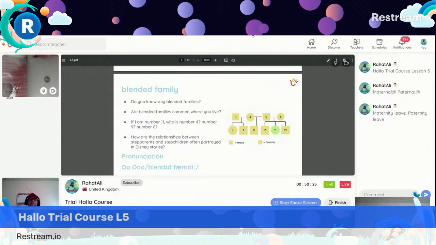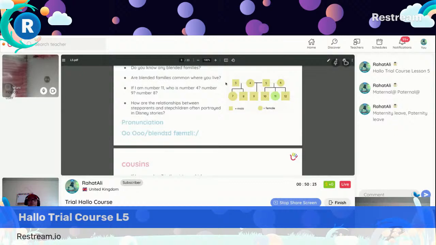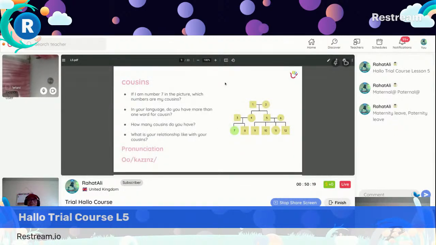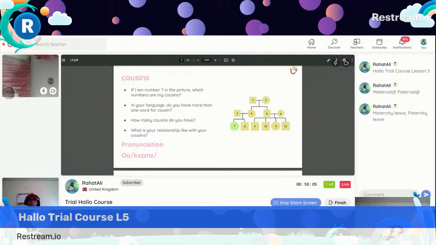Okay, that's great, lovely. Now cousins. If I am number 7 in the picture, which numbers are my cousins? 8, 9, 10, 11, 12. Great. In your language, do you have more than one word for cousin?